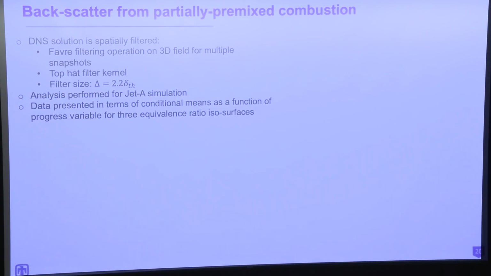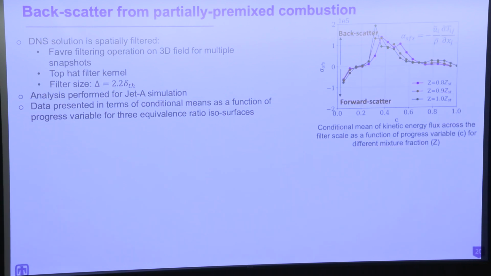It's about 2 times the thermal thickness. Bruno's been looking at various filter sizes now. And we performed the analysis so far only on the Jet A simulation. We will also do this for C1. And we presented the data in terms of conditional means as a function of progress variable for 3 equivalence ratio isosurfaces near stoichiometric.